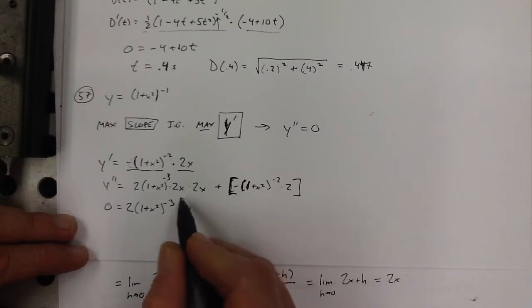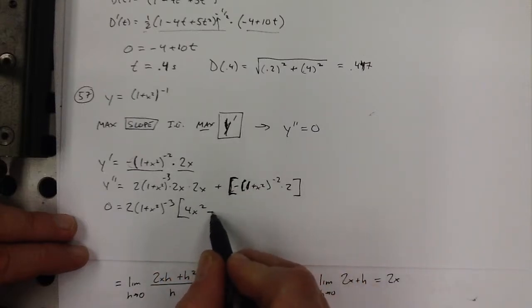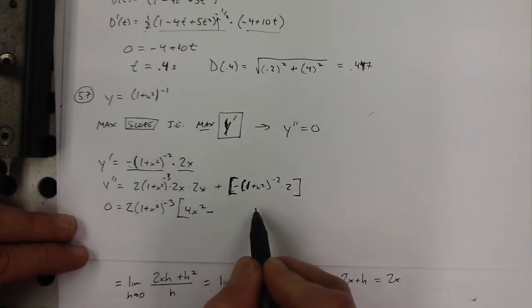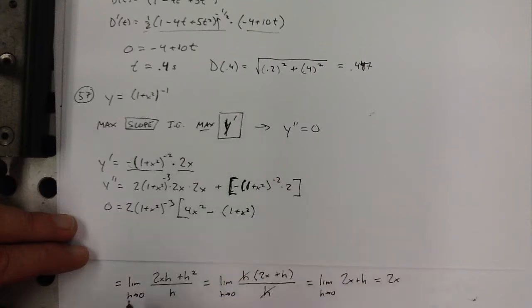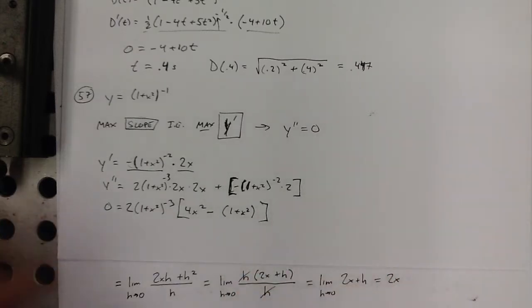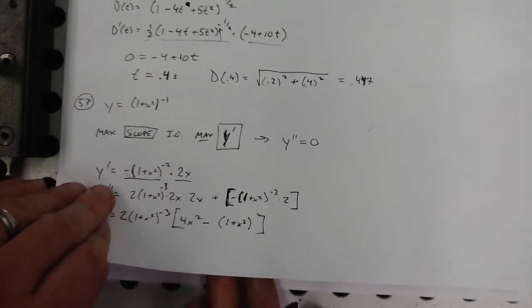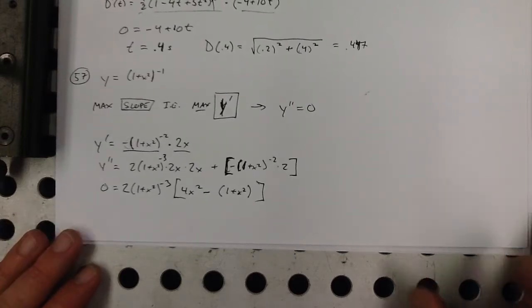I've got 4x squared, and then here minus, and then when I factor out 1 plus x squared to the negative 3, the thing that would have to be here would be one of those to the first, and the 2 is factored out. All right, so similar to what we did in the last problem. Ooh, look at that, there's some old limit stuff peeking out there.